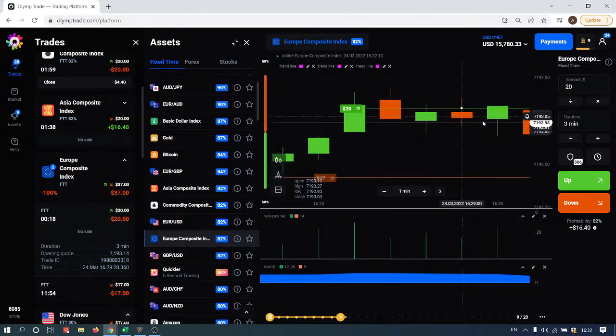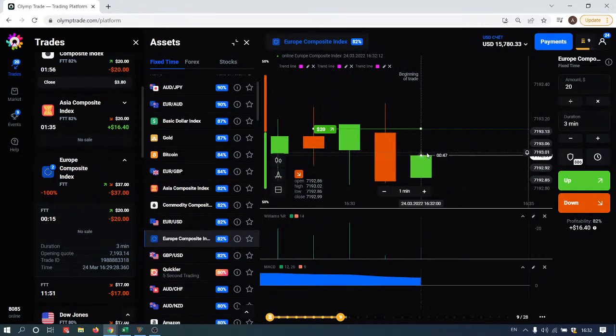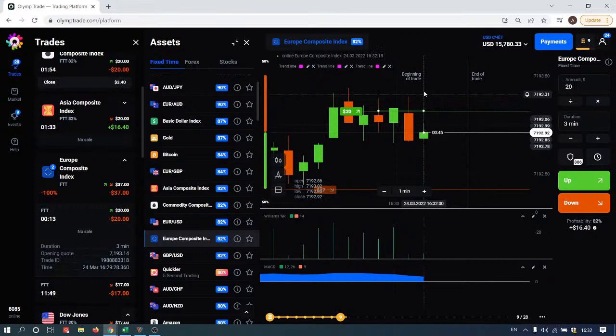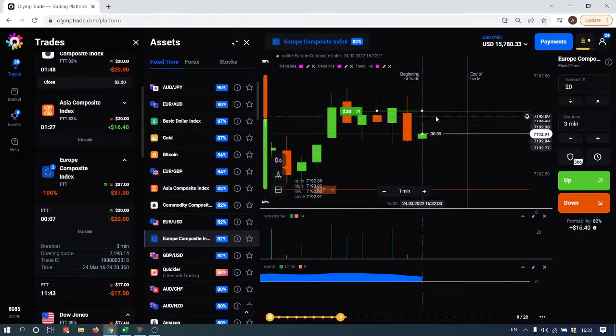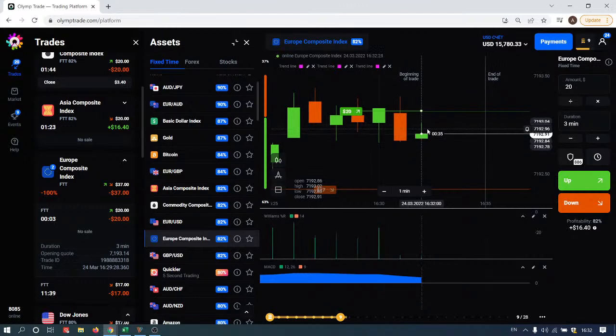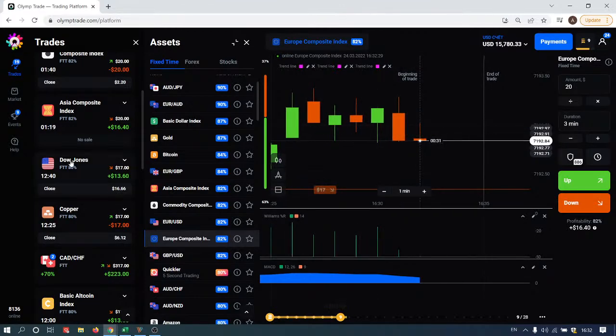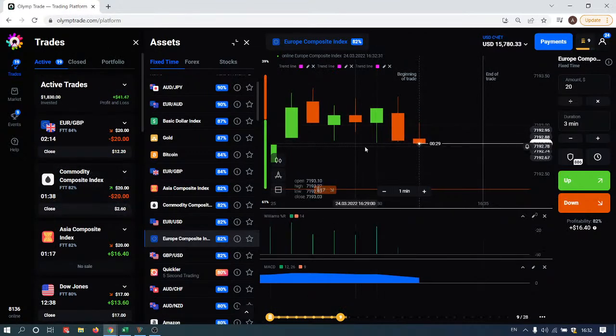Wow, this will be interesting to watch. 15 seconds to go on this one, the Europe Composite Index. Will this be a winning trade or not? 5 seconds to go. I cannot cancel this trade, and this is not a winning trade.